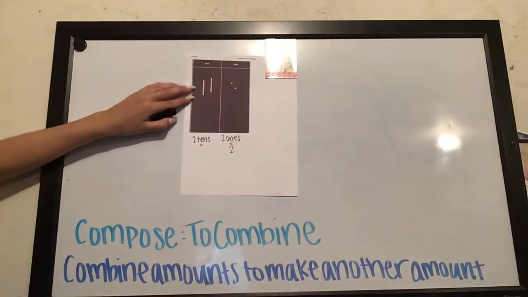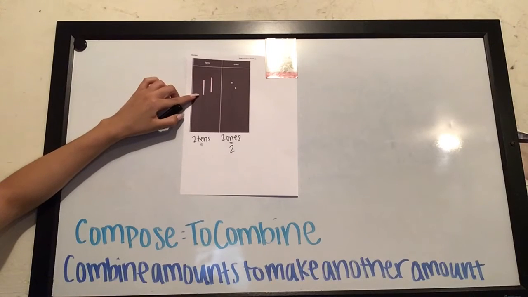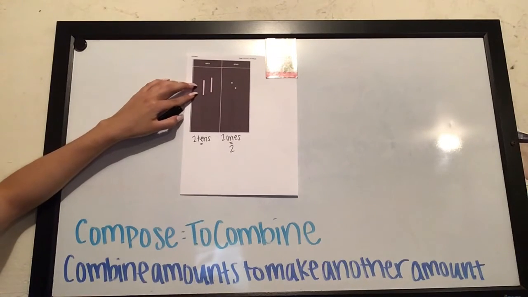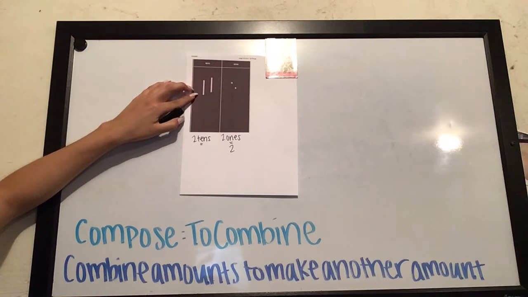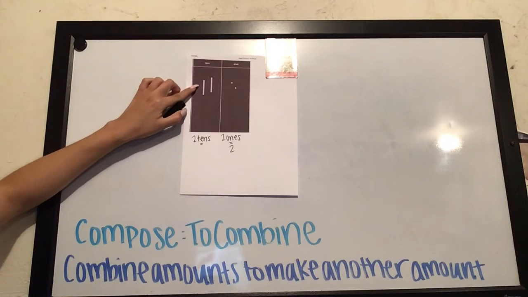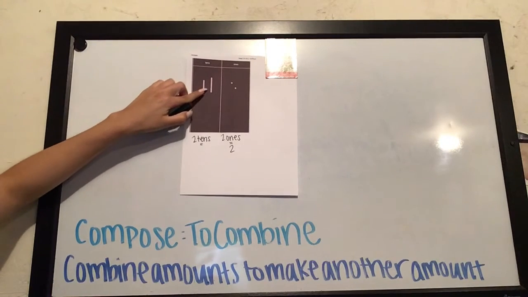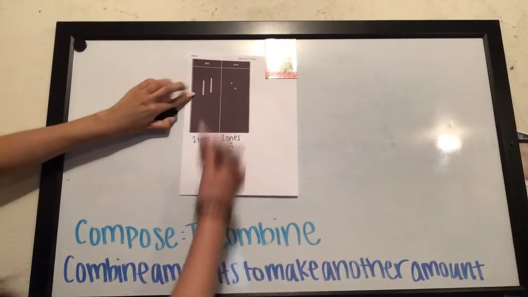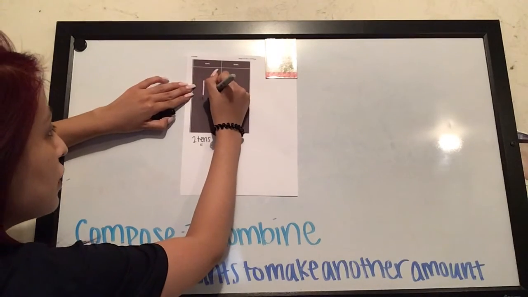And if we have 2 tens, how much do we have in total? What is the value of 2 in this number? So remember, each 10 equals 10 units, 10 ones. So that means that this is 10 and this is 10.